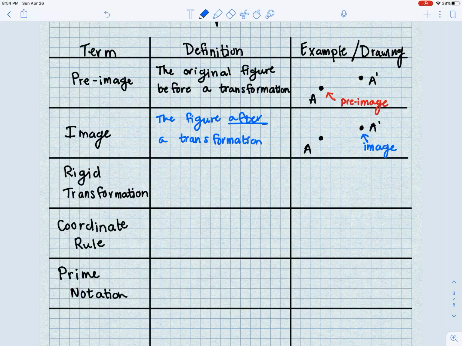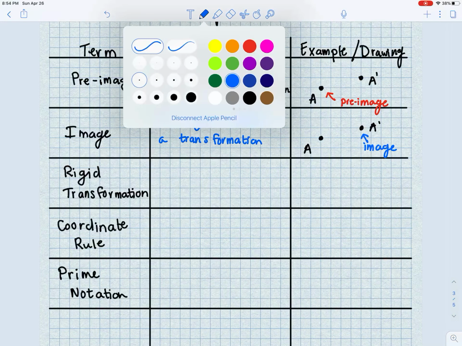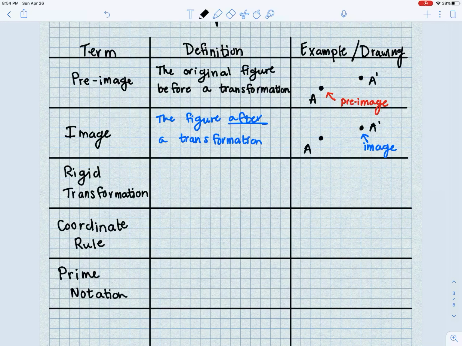Now let's get into this transformation business. What is a transformation? We're looking specifically at these things called rigid transformations. We are taking shapes, figures, points, pretty much anything, and we are changing them in some way, specifically the position where they are on a coordinate plane.